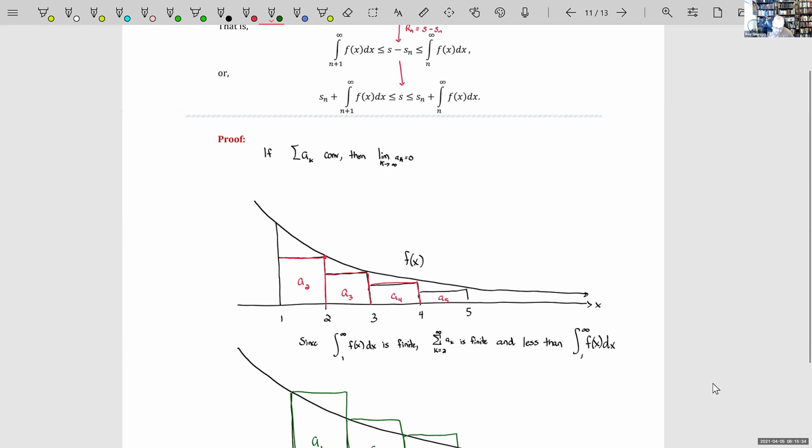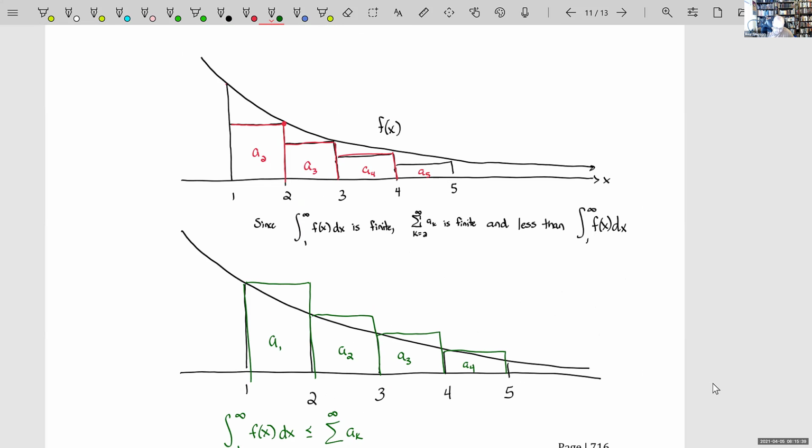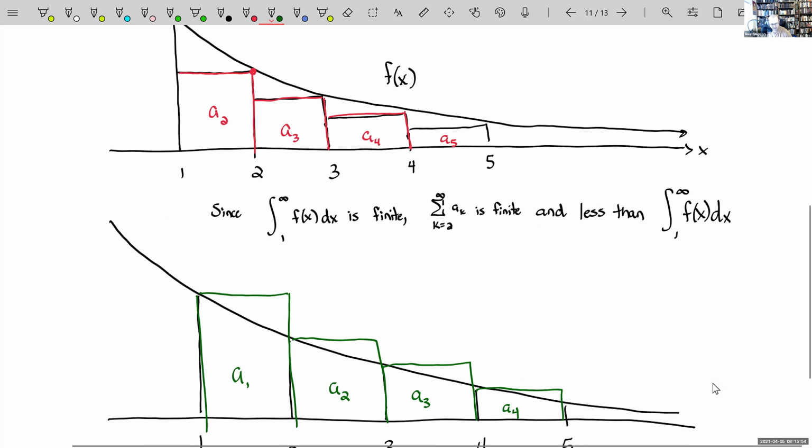Where do I want to end? I need to get to n plus 1. Oh, I know what I could do. I could say that this is this first one right here. I could say that a sub 2 plus a sub 3 plus, yeah, that's a good way to do it, plus dot dot dot all the way to a sub n.